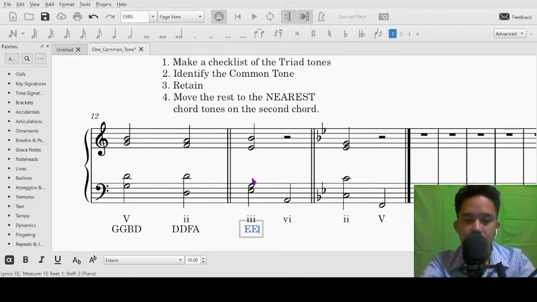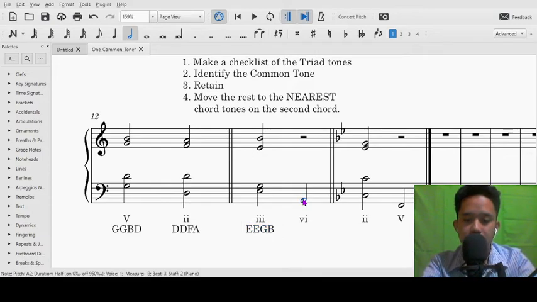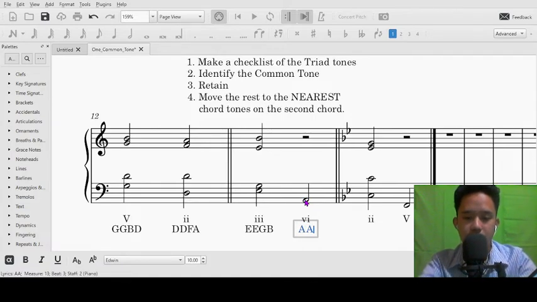Then G and B. After doing so, let's proceed to the second chord, which is A minor. So let's do that here. Let's make a checklist. This will be A, because we are in the root position, A, C, and E.